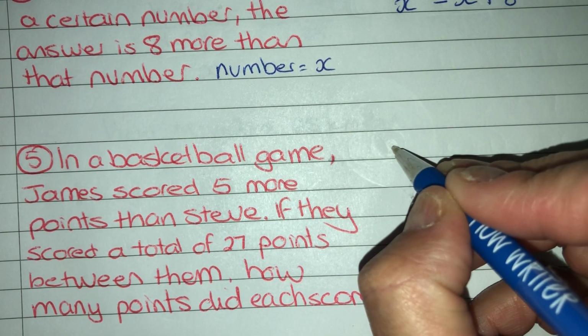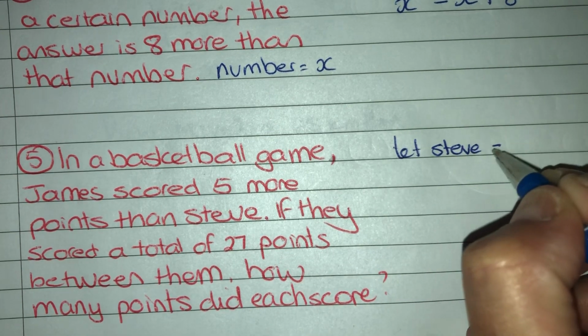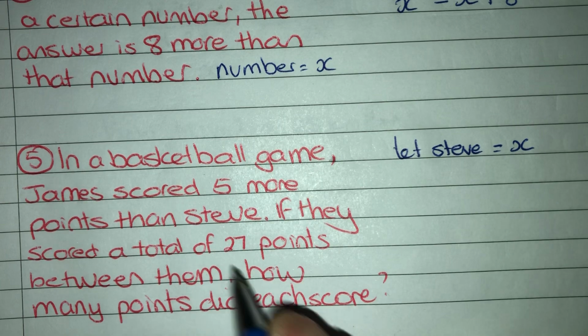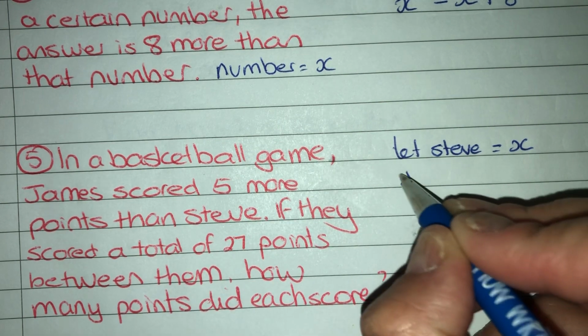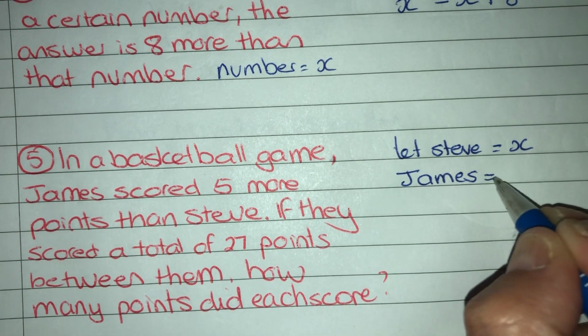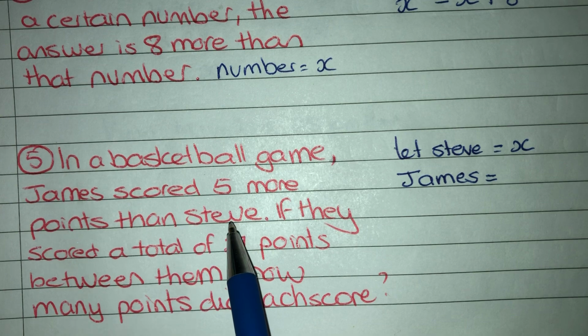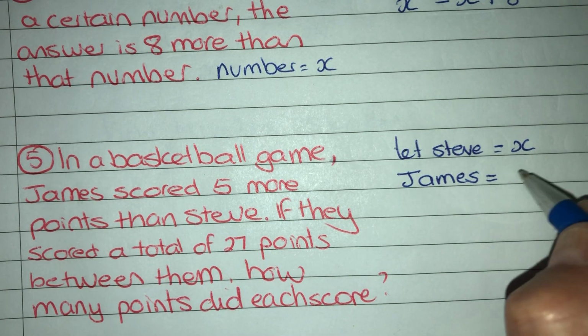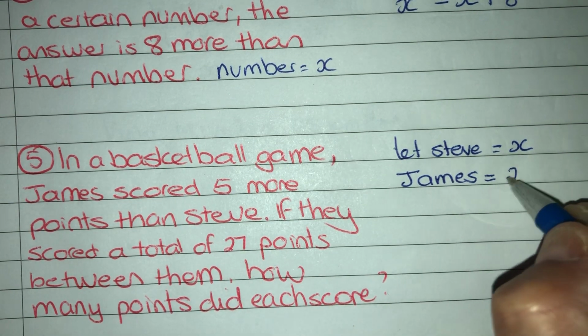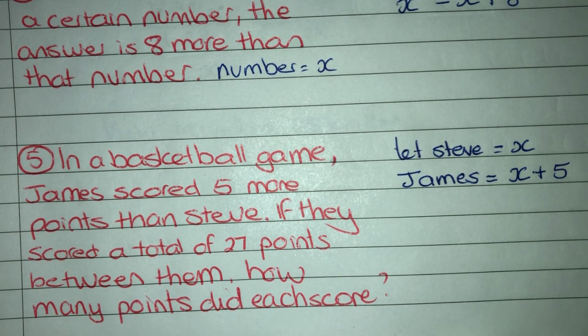So we're going to say, let Steve equal X. So how much is James going to be? If Steve is X, James is 5 more than Steve. So James will be Steve's score plus 5 more than that.